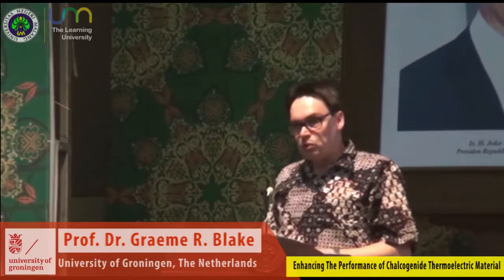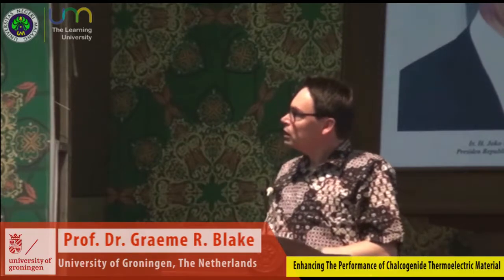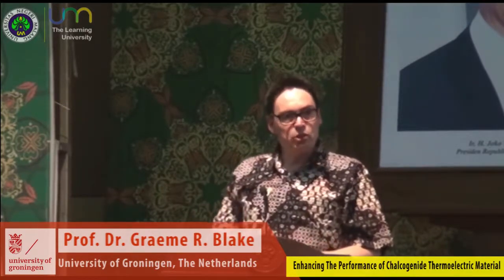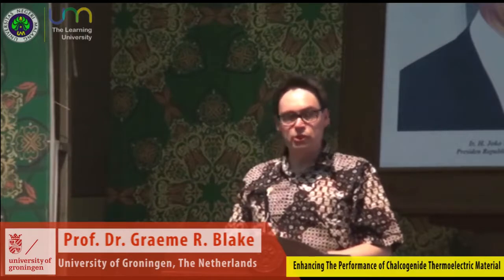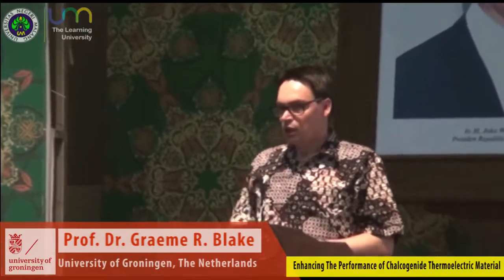Then at the somewhat smaller scale, it's often nice to have nanoprecipitates of perhaps even a second impurity phase that spontaneously form in the material. So those might be on length scales of a few nanometers up to tens of nanometers. Then finally, on very small length scales, we would like to introduce perhaps point defects. So those might be from impurity atoms of various kinds.